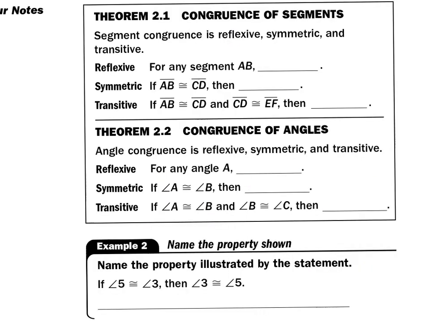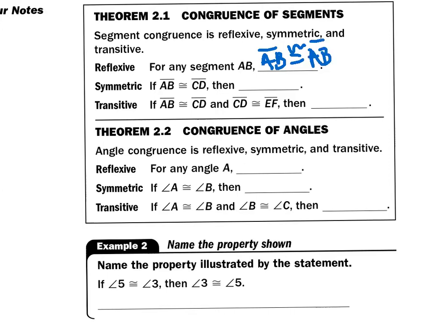Okay, theorem 2.1, congruence of segments. Segment congruence is reflexive, symmetric, and transitive. So for any segment AB, remember what reflection means? Like a mirror, you see yourself. AB equals, or is congruent to, segment AB.